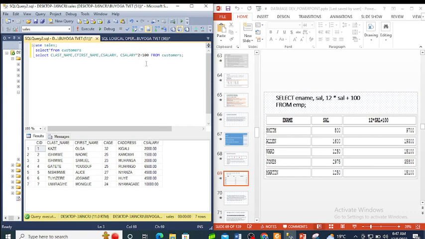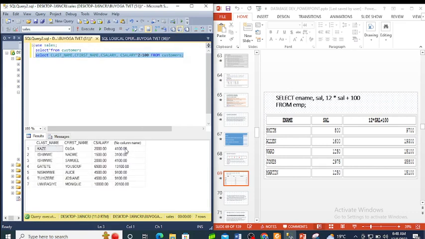By remembering that multiplication comes first, then addition comes after, which means that this will be multiplied by 2, which will be 4000, then plus 100, which will be 4100. Let's see if it will be like that. Okay, you can see, yeah.